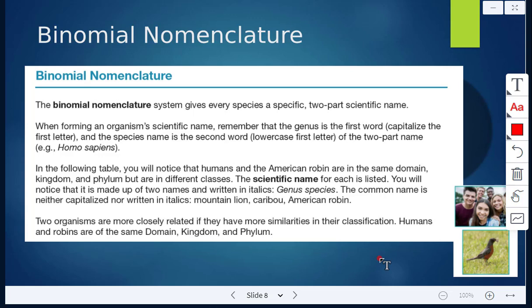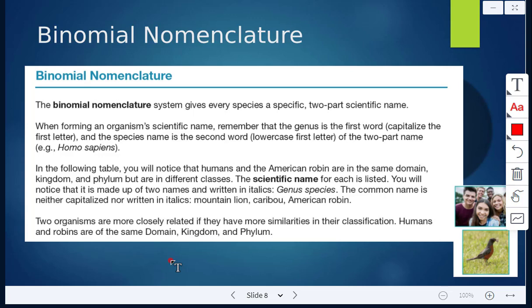So when forming an organism's scientific name, the genus is the first word, capitalize the first letter, and then the species name is the second word, and we lowercase the first letter, and then it becomes a two-part name. So for example, humans are Homo sapiens. So Homo is our genus name, and then sapiens is the species name.